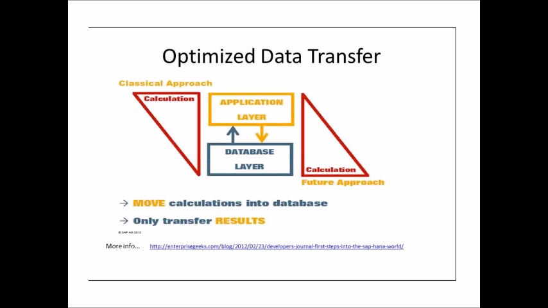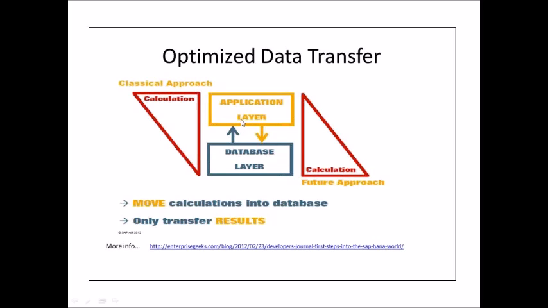What we usually did in the previous days, we maintained the database only to store data, and whatever logic was requested, I did at the application layer. So if I need to do some 10 calculations, I used to pull the data from the database to my application layer, do all the calculations over there and provide it for my analytical purposes.